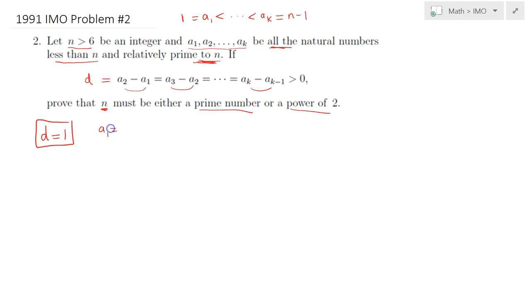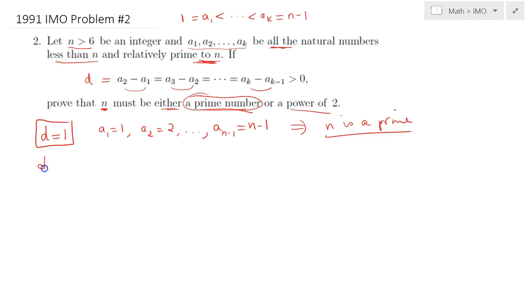So a_1 is equal to 1, a_2 is equal to 2, and so on. k in this case is equal to n minus 1, obviously. All of them are in the list. They're all relatively prime to n. There's only one explanation. It must be the case that n is a prime. And that's pretty good, right? So that explains the first part here.